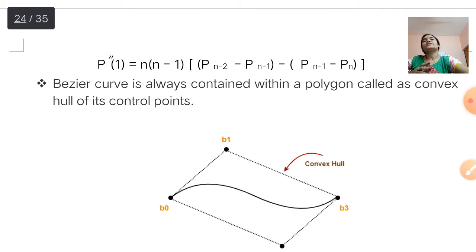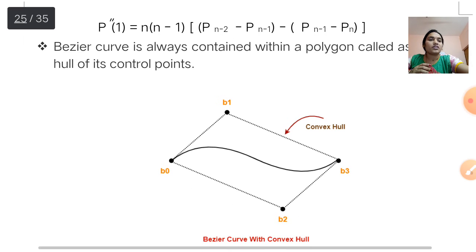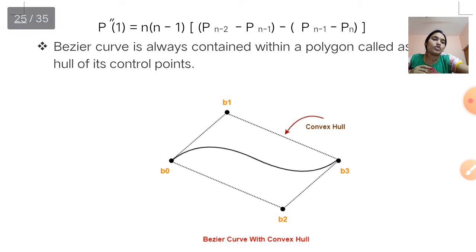A Bezier curve is always contained within a polygon called the convex hull, which we discussed in the previous class on spline representation, of its control points. Here B0, B1, B2, B3. These dotted lines are your convex hull.